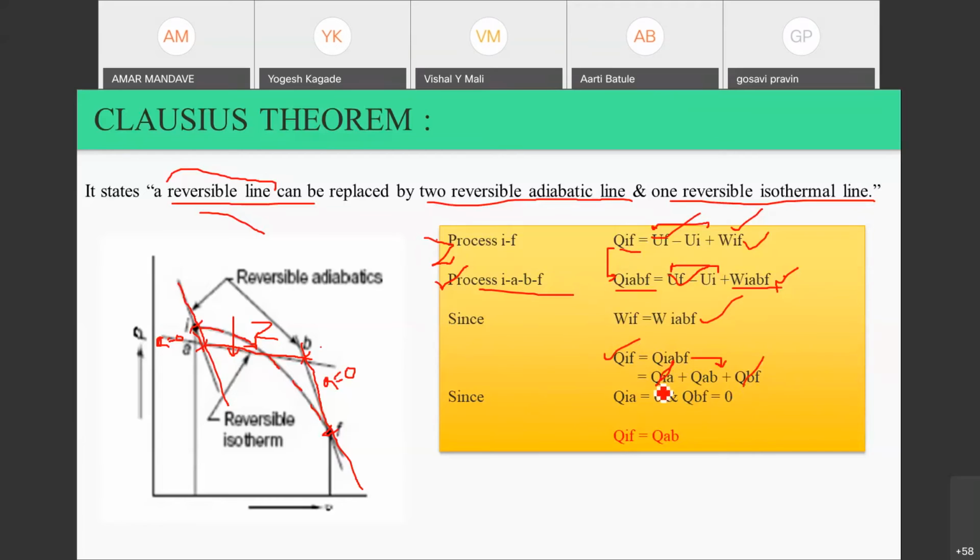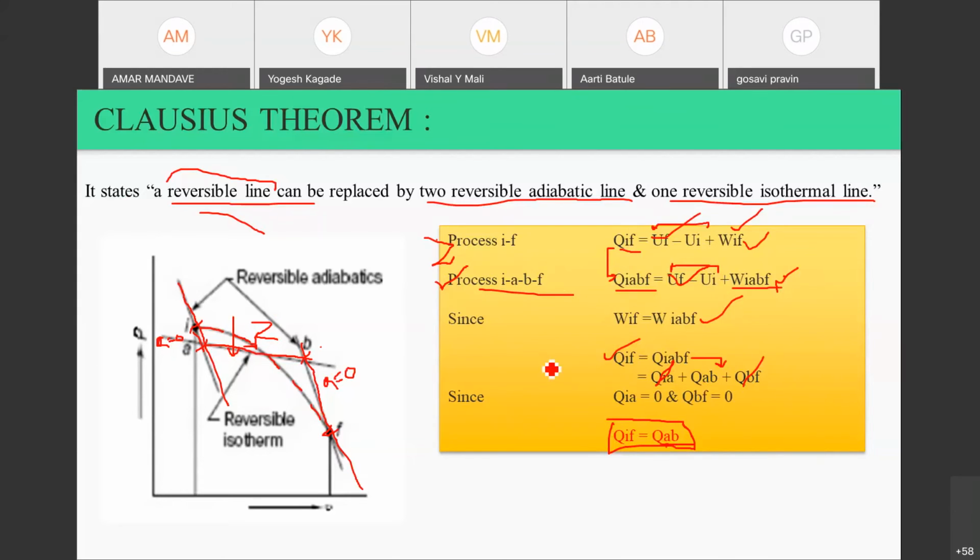That's why finally we can write QIF is equal to QAB. It means the heat interaction during the process Z is equal to the heat interaction during the process AB. So the process Z we can split into two reversible adiabatic processes and one reversible isothermal process.